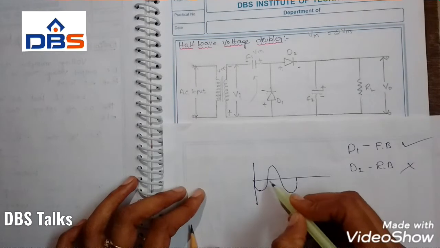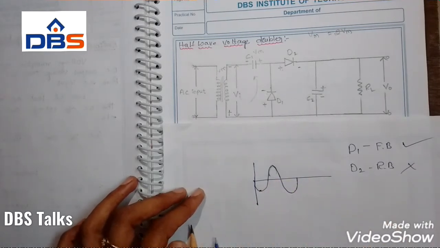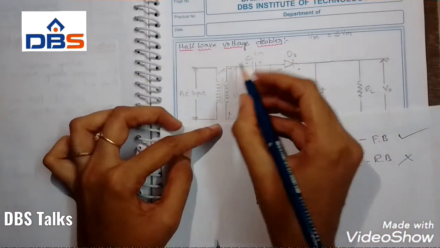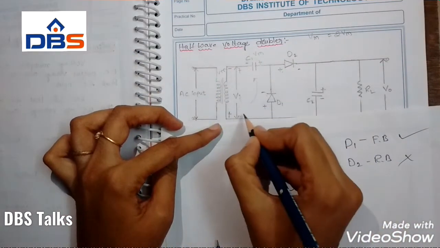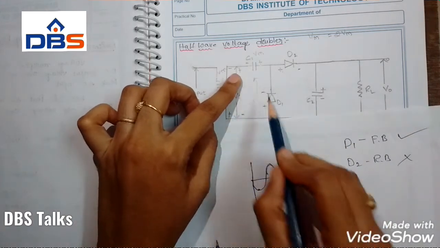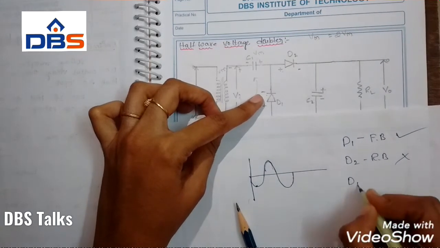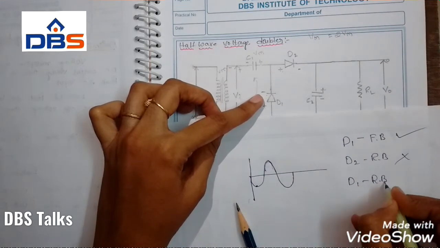Next I am applying a positive half cycle. When I apply a positive half cycle, the polarities change. Here the polarity will be positive and here negative. Then diode D1 will be in reverse bias.